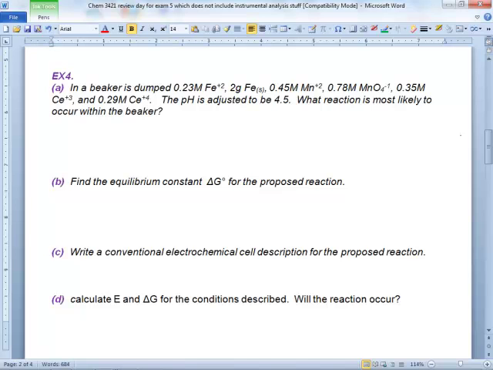What would you do? Identify all the half reactions, right? Pick out the two that are going to give you the most positive E0 cell reaction. Look at these guys. Write out their corresponding half reactions, because it's pure water, and this is all you have to work with.